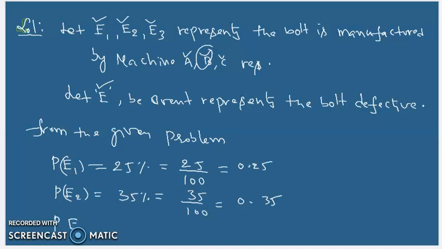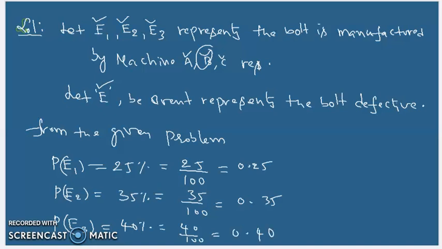And P of E3, E3 is the event manufactured bolts by machine C, given 40%. That is 40 by 100, that is also equals to 0.40.